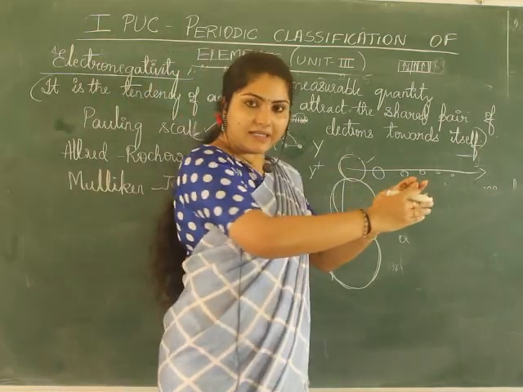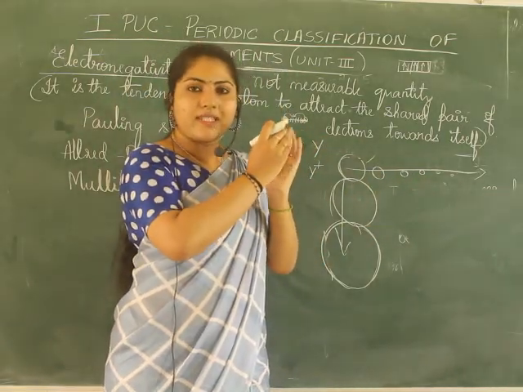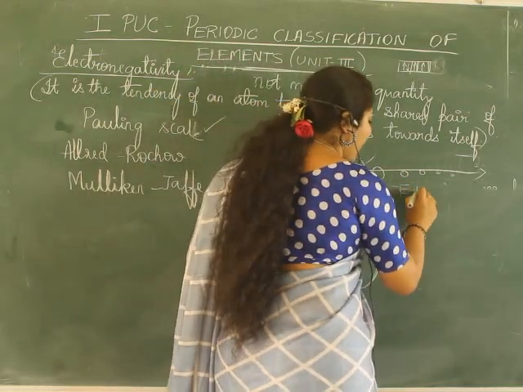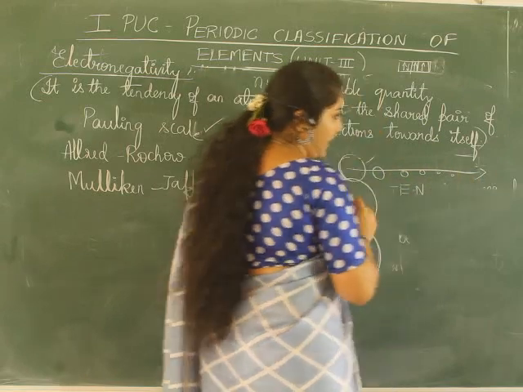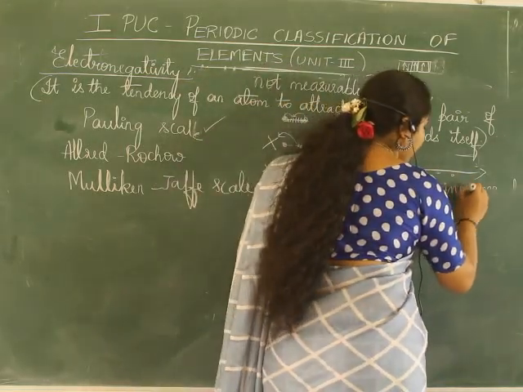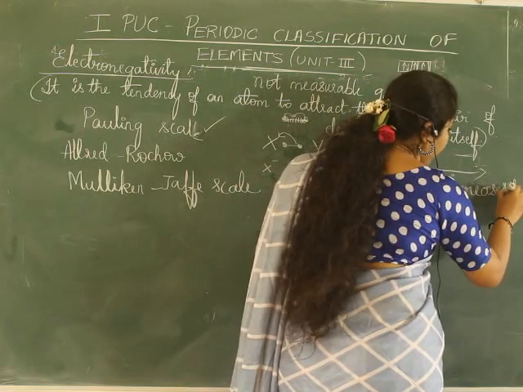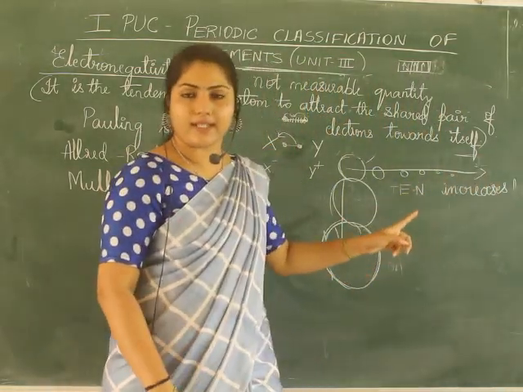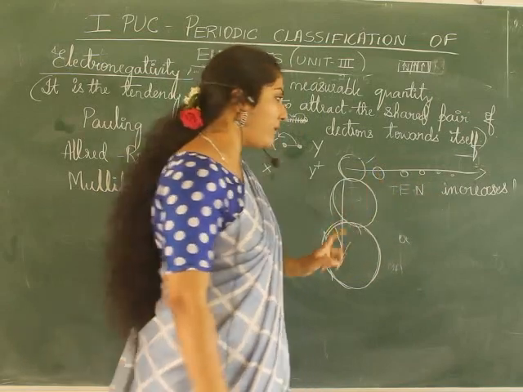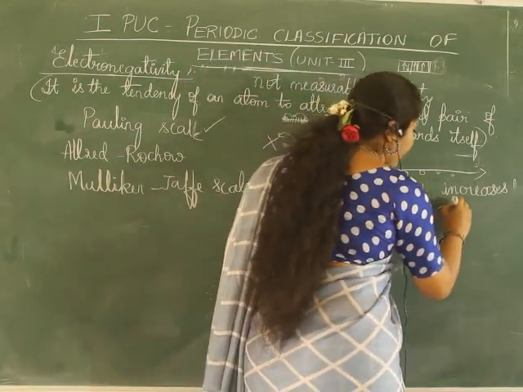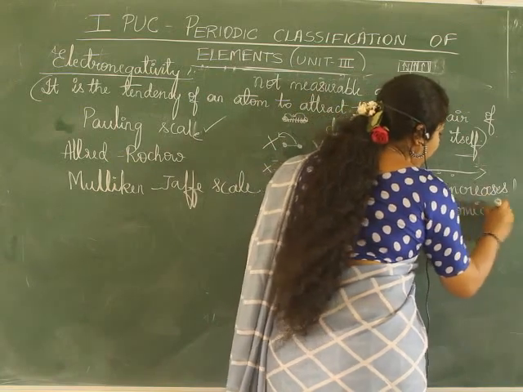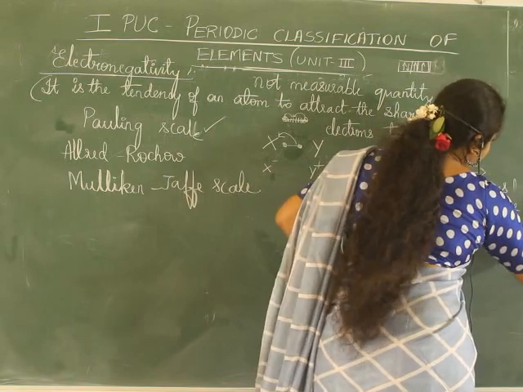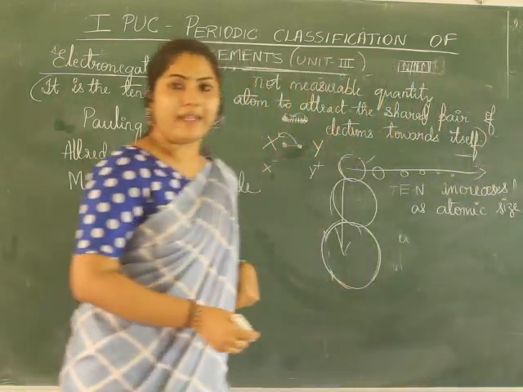Atomic size is decreasing, so the nucleus is closer to the outermost shell. Therefore, electronegativity across the period increases. What will be the reason? The reason is that atomic size decreases and nuclear pull increases.